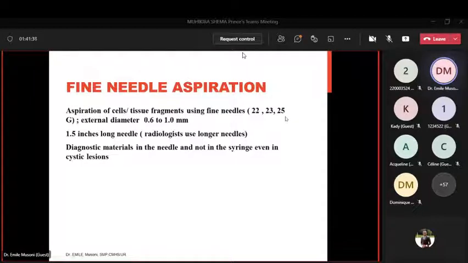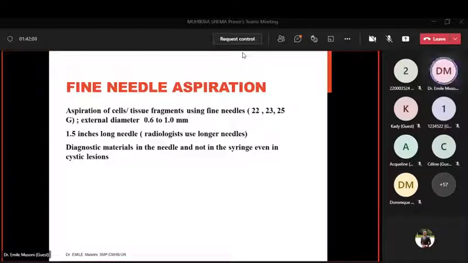Maybe you don't know: 25G is smaller than 23. 22 is bigger than 23, and 18 is bigger than 22. In fine needle aspiration, we mostly use the small needle.